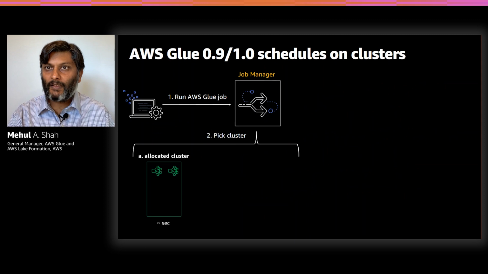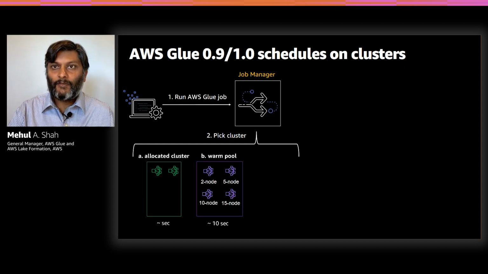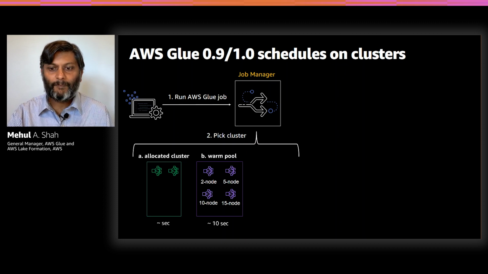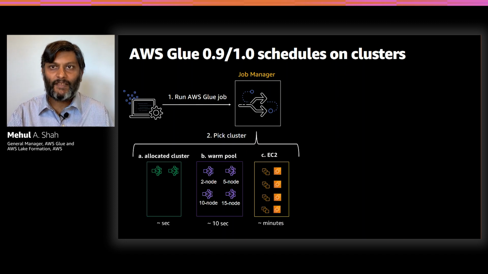Either the cluster was already allocated to a particular user and customer, in which case your job startup would be on the order of a few seconds, or it would take a cluster from an already provisioned cluster in our warm pool, attach it to a user and its job, and then start running, in which case it would take tens of seconds. Or we would spin up a brand new cluster from EC2 on demand, in which case startup time would take on the order of minutes.